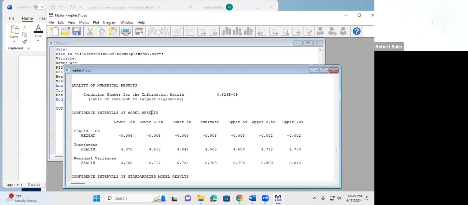In this particular case, there's a 95% chance that the true population slope will be between -0.004 and -0.0. We could say 90% or 99% chance. But you start at the center and then work your way out.